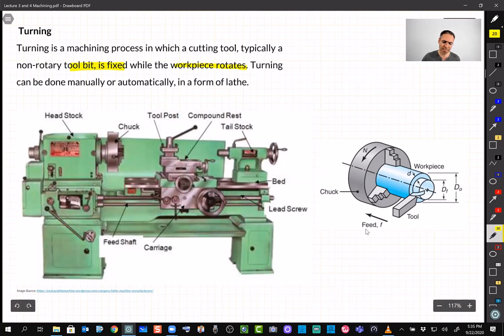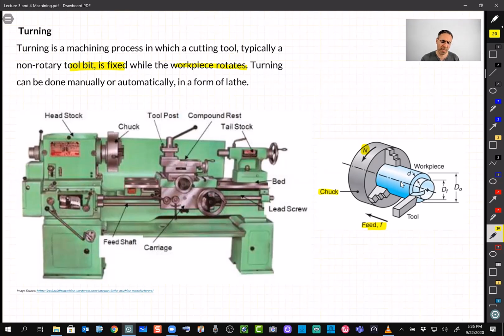In this schematic on the right, the workpiece has been secured and clamped in the chuck, and the chuck is rotating with N, the rotation speed, and the tool is moving with speed F, which we call feed speed, and we are removing material.